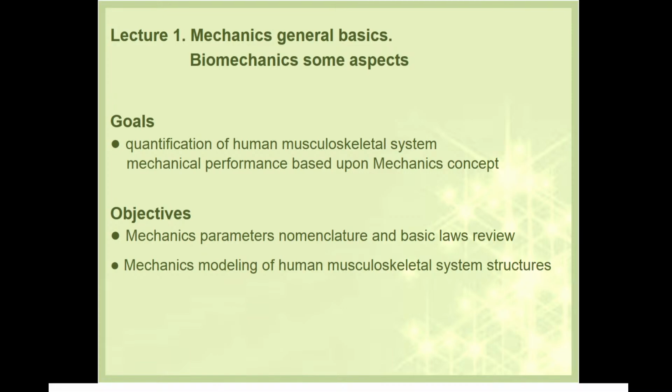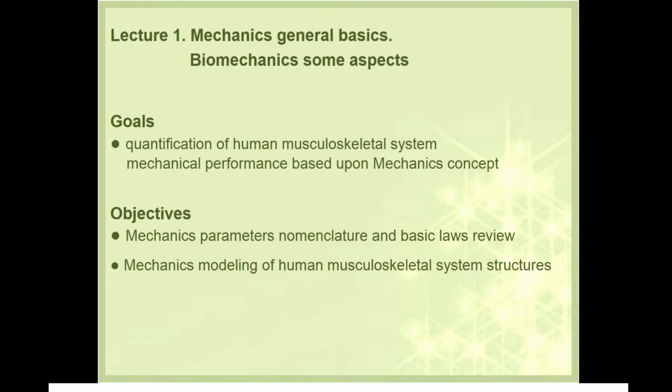So that is why the goal will be repeated from lecture to lecture. We'll bring this goal through the whole course of the lectures, the quantification of human structures, functions and properties.